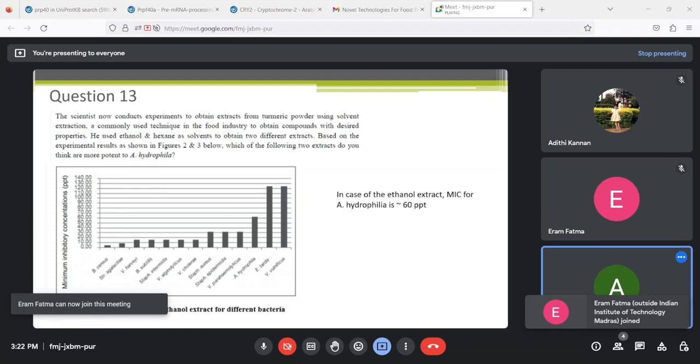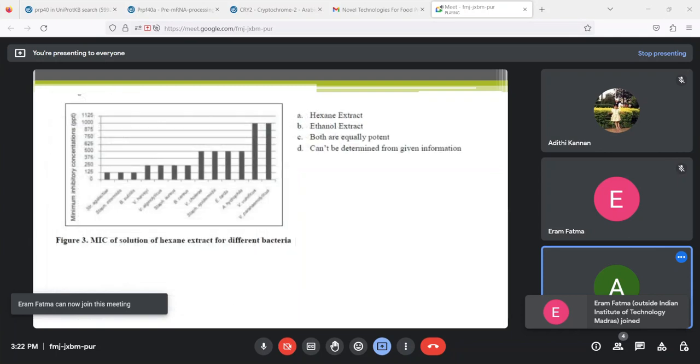So now we look at the graph for a hexane extract. So this is the graph for hexane extract. The same condition for A. hydrophila, you have the minimum inhibitory concentration as somewhere close to 500 ppt. So as you remember from the previous slide, for ethanol extract it is only 60 ppt, whereas in case of hexane extract it is 500 ppt. So as you can see here, the kind of solvent that you use to take out the exact same compounds from the source will have a different effect on the MIC concentration as well.